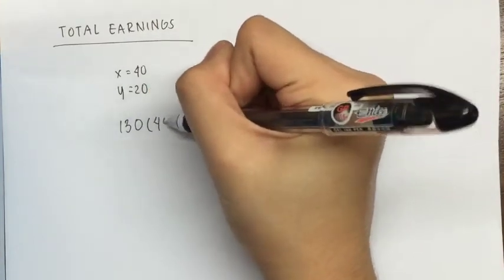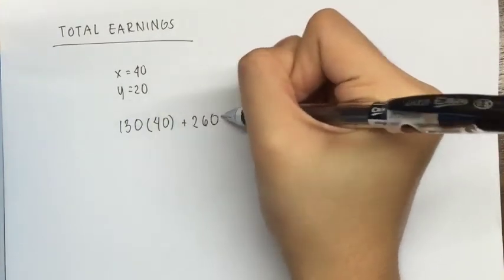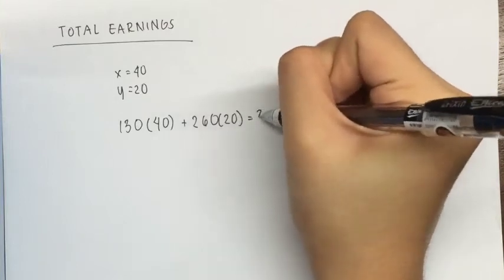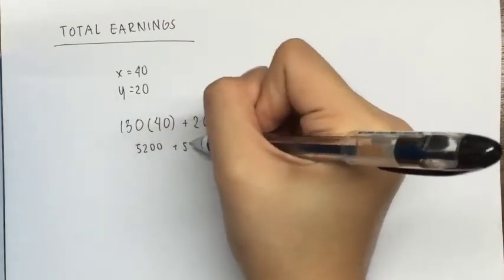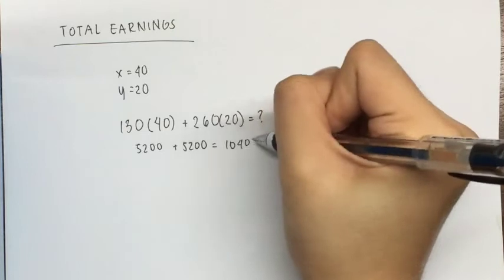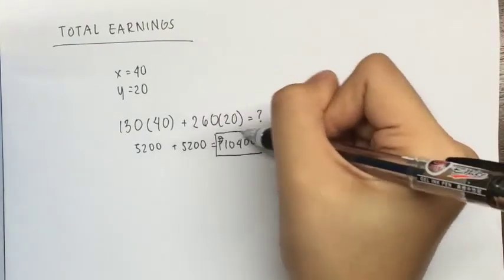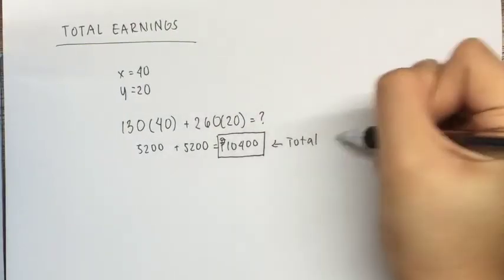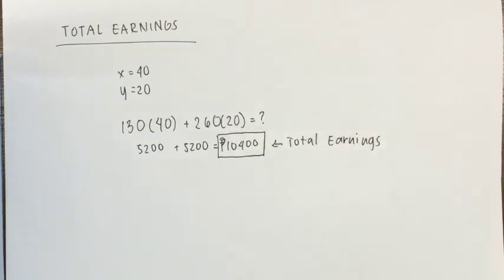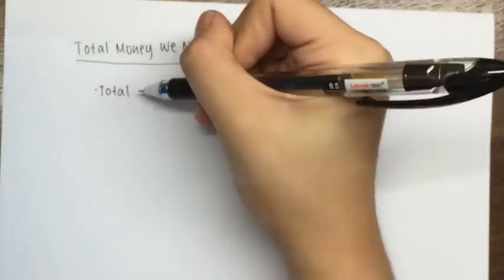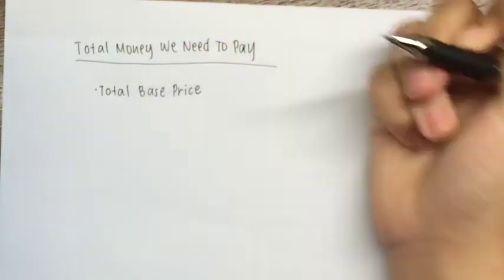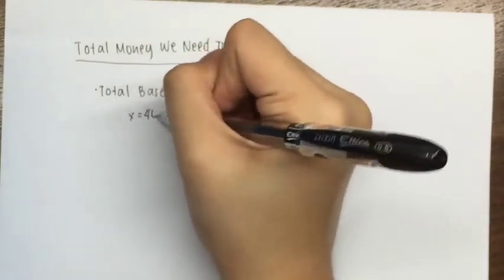To get this, we multiply the selling price by the number of pieces. So we have 130 times 40 plus 260 times 20, which gives us 10,400 pesos, which is the total earnings. To get the total money we need to pay, we need to get the total base price and the stall price, which is 1,500.